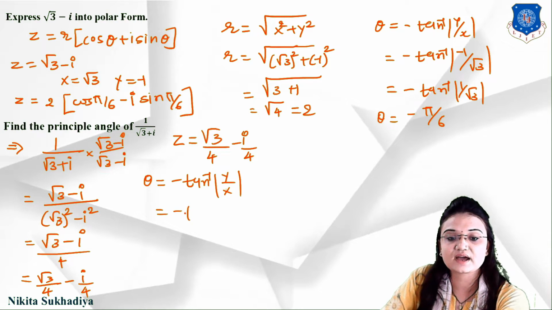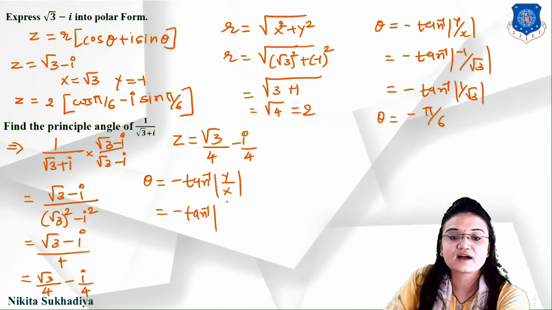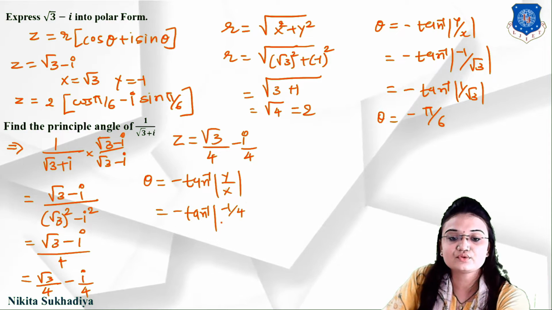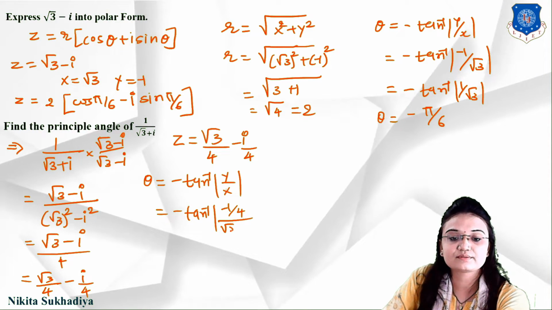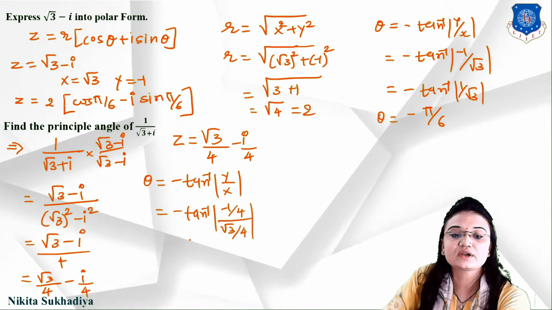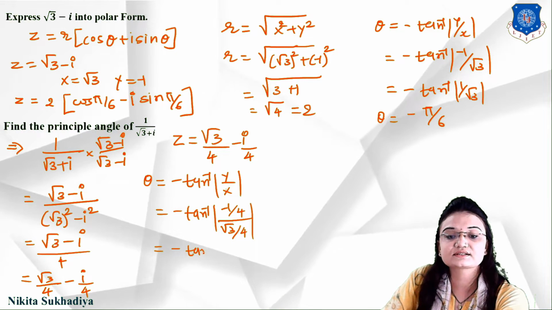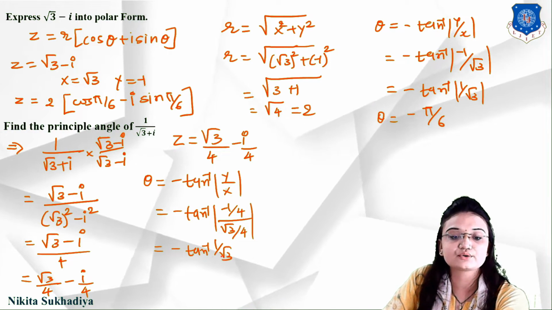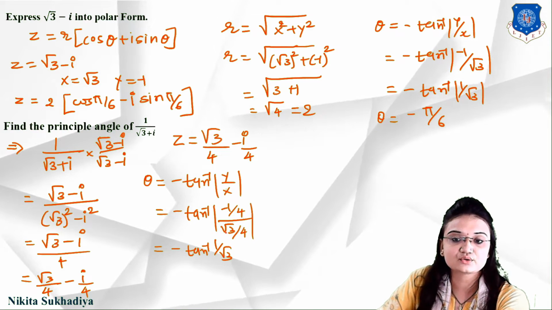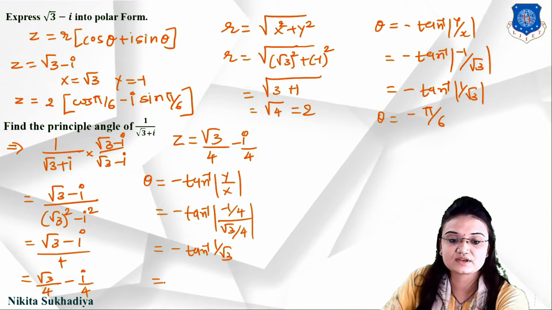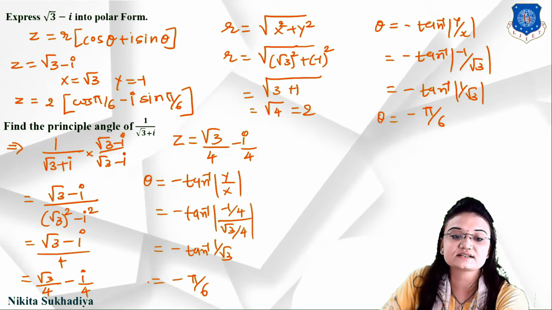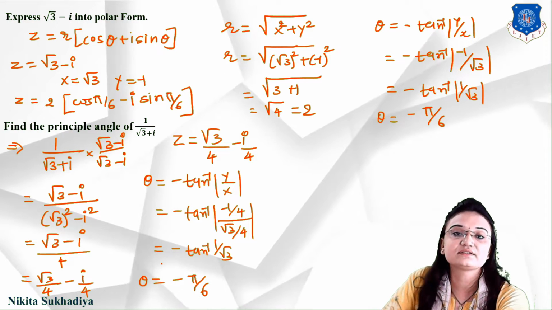This is minus tan inverse, where y is minus 1 by 4 and x is root 3 by 4. So this is minus tan inverse 1 by root 3, and tan inverse 1 by root 3 is pi by 6. So we have minus pi by 6 as our principal angle theta.